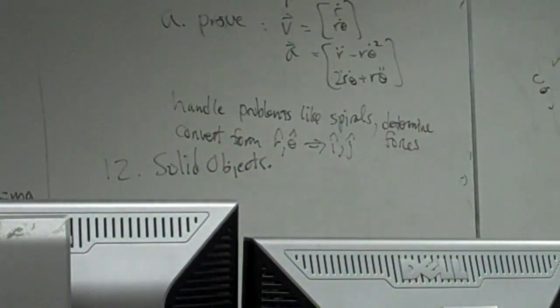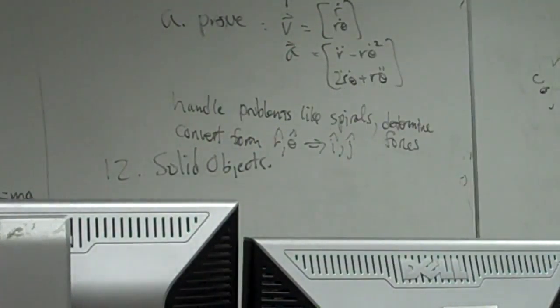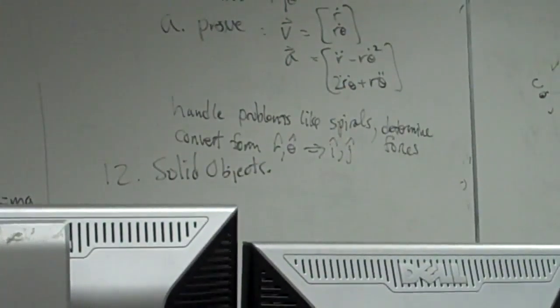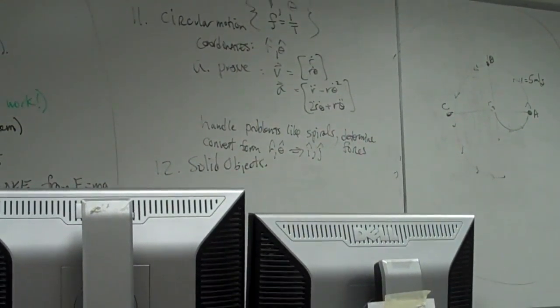So those are all the kinds of problems I'm going to give you from topic 11. So for example, if you know information about the r hat direction, you should be able to take something that's given to you in the r hat direction and split it up into an i hat and a j hat.